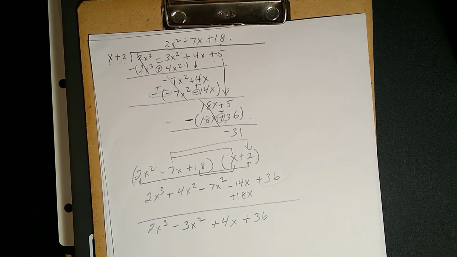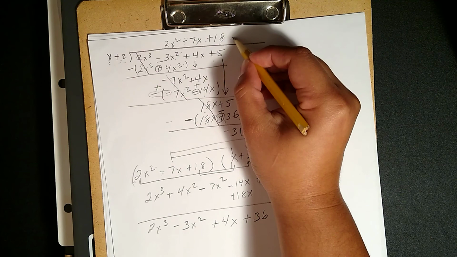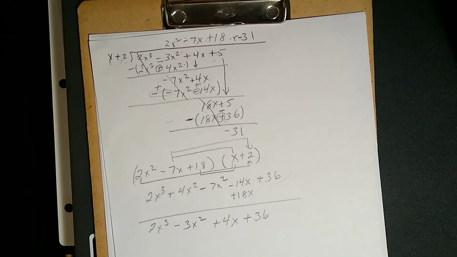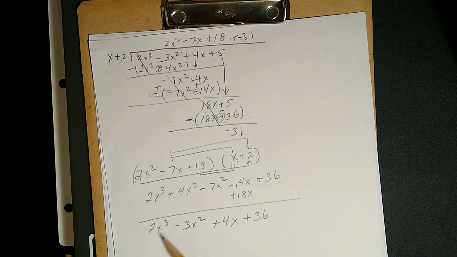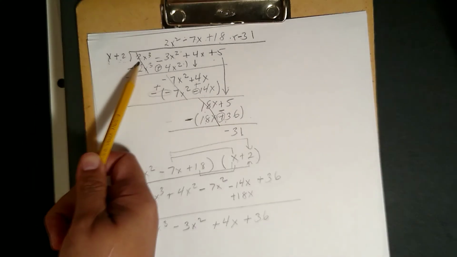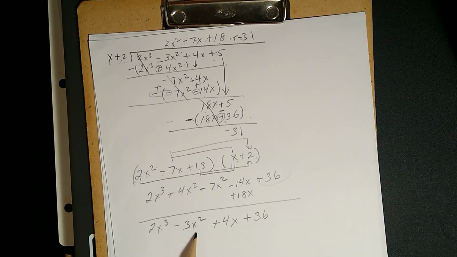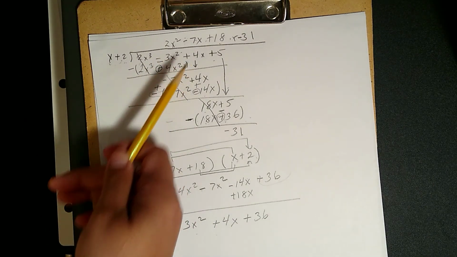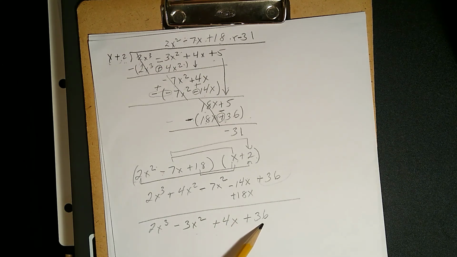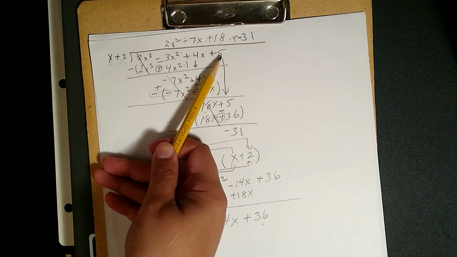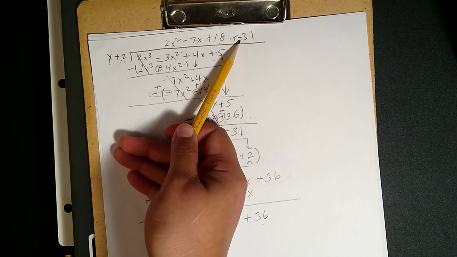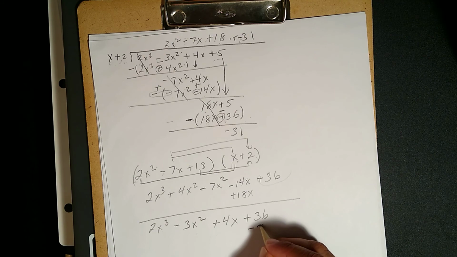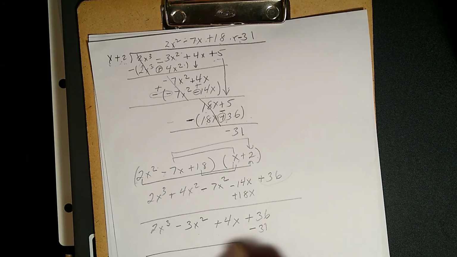Now, remember, we ended up with a remainder of negative 31. So far, we have 2x cubed, negative 3x squared, plus 4x, plus 36 here. But remember, we have a negative 31. So we'll take away negative 31 from the remainder.